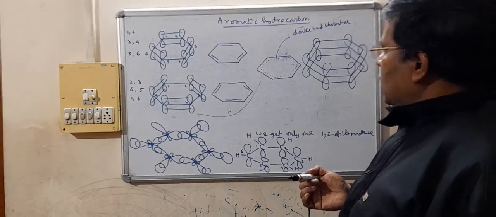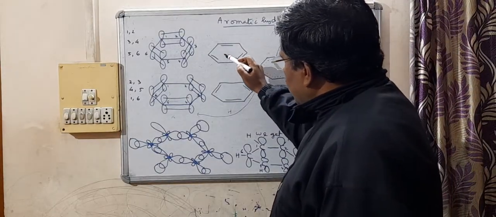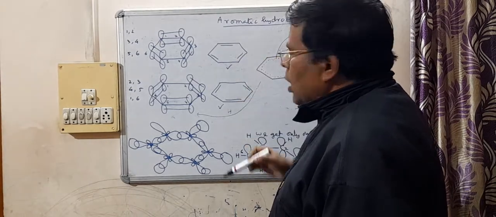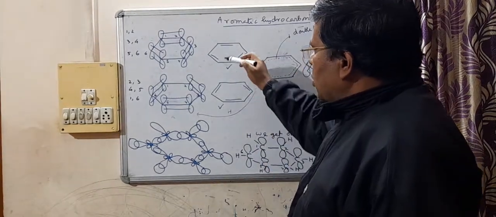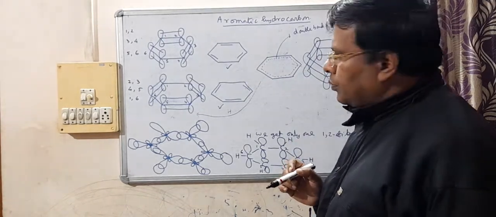So we can see that these two actually are the resonating structures or canonical structures or contributing structures for benzene.